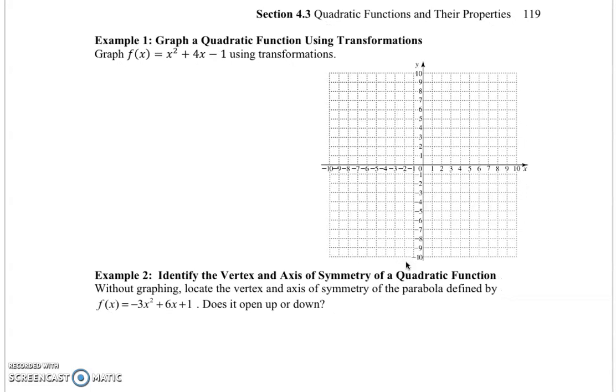So to complete the square, remember we take the b term. So if we look in front, remember we have a, b, c. Those are our coefficients.